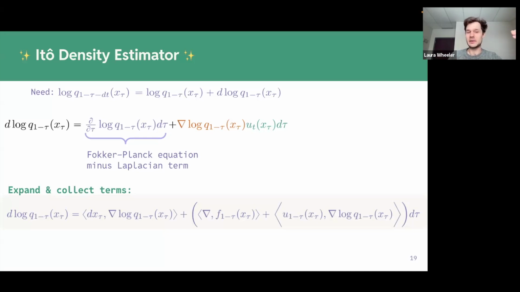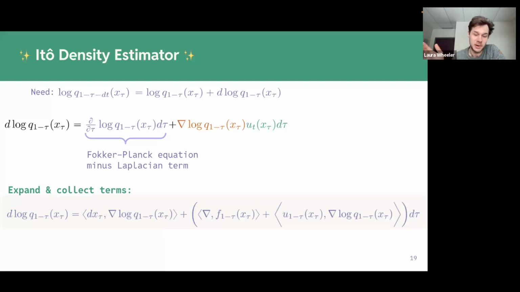And if you just do the accounting of all the terms, that's what you get. You still have some terms that are coming from the divergence of the drift f, but this is a linear function, so that doesn't matter, because the divergence of a linear function is just a constant. You have some terms coming from the change of dx, and some terms coming from the change of the density.